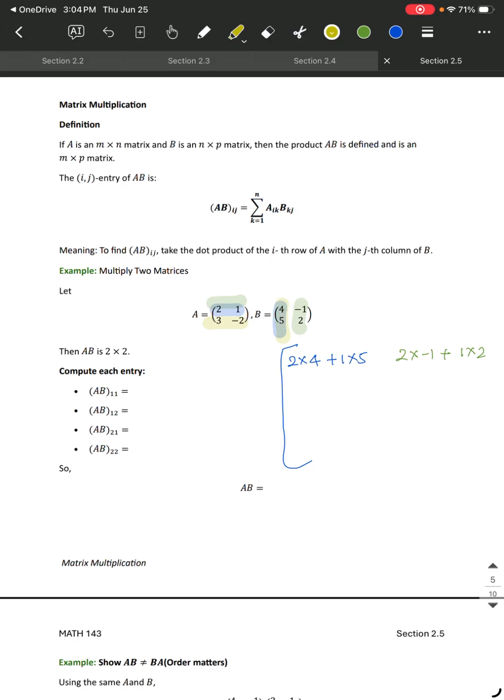Second row, first column: 3 times 4 plus -2 times 5.